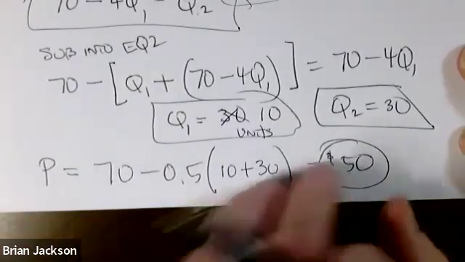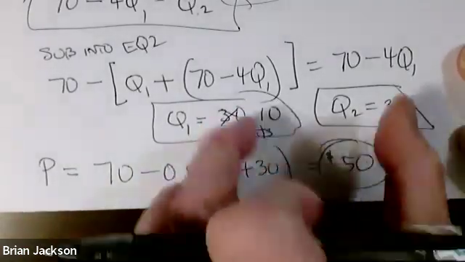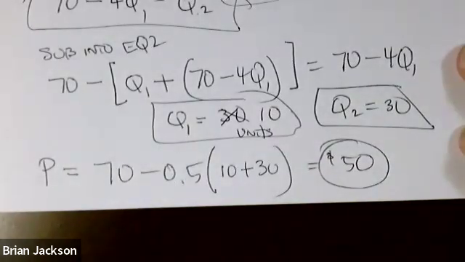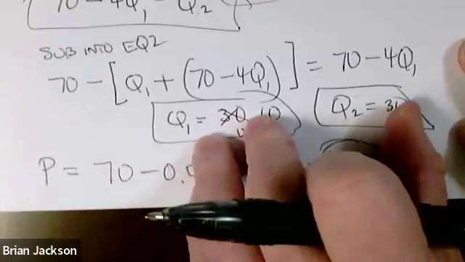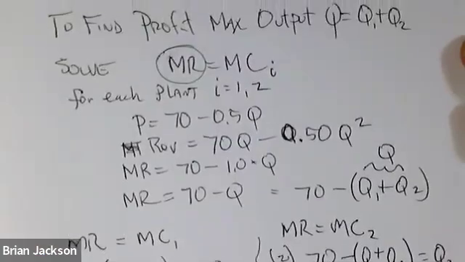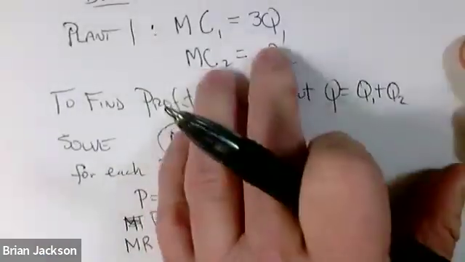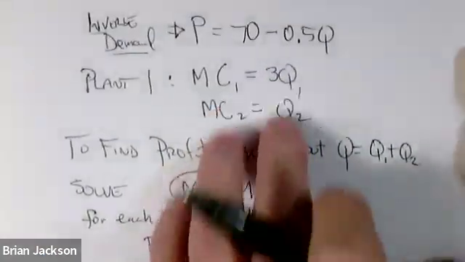Revenue is easy. It's the price times the total quantity. It'd be 50 times 40. Sounds like 2,000, 50 times 40, isn't that $2,000? That'd give you the total revenue. So find the total cost by substituting 10 and 30 respectively into the cost functions if that were given. I guess they didn't give us that here, so they didn't give us the total cost.